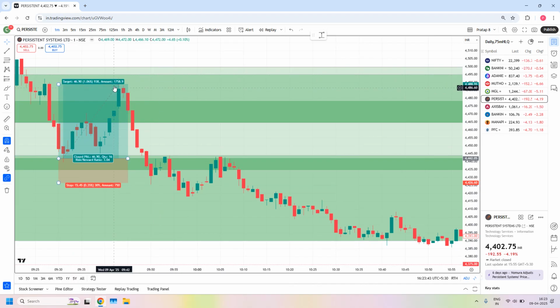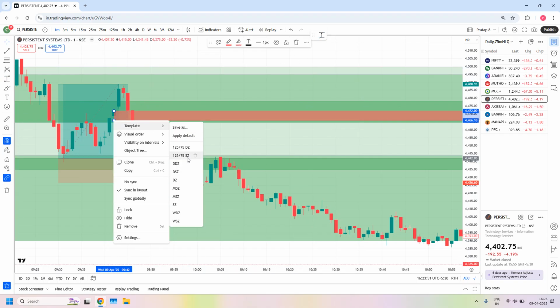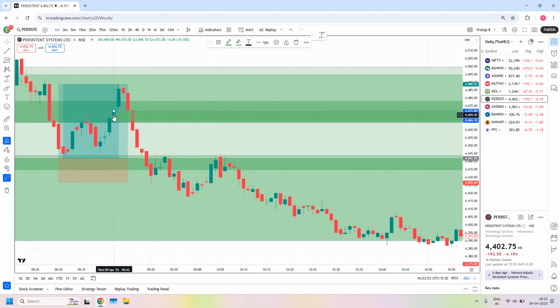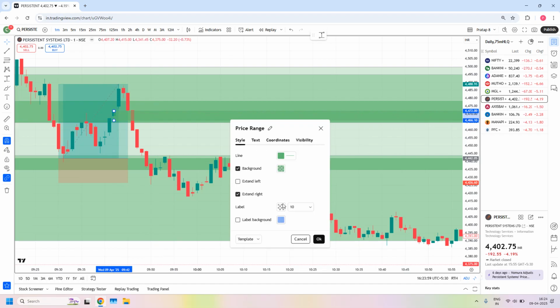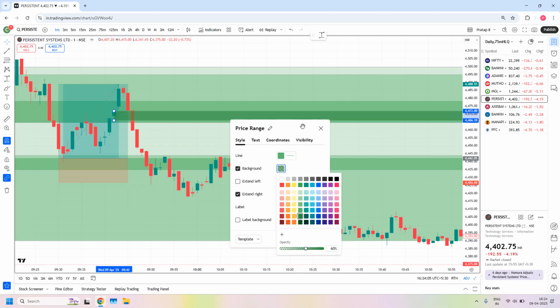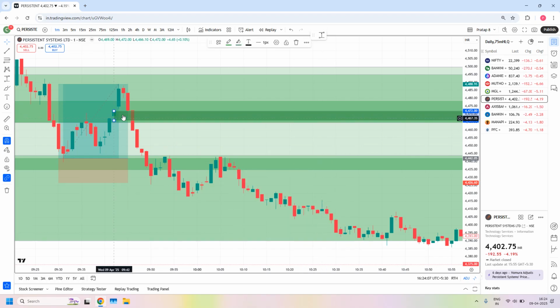Instead of booking your profit at 1:3, here you have a 1 minute zone. So here you would have booked your profit. So in this candle, you have to book your profit.